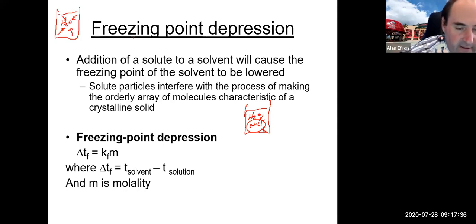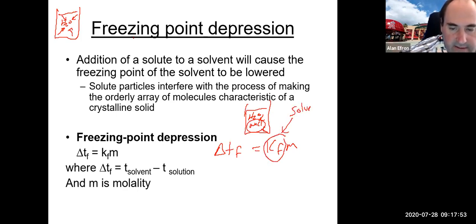And there's a formula here for freezing point depression. It is the change in the freezing point temperature, which is that delta T, equals Kf times m. Kf is our freezing point constant. This is based on the solvent. So this is a value that you could look up on a table.